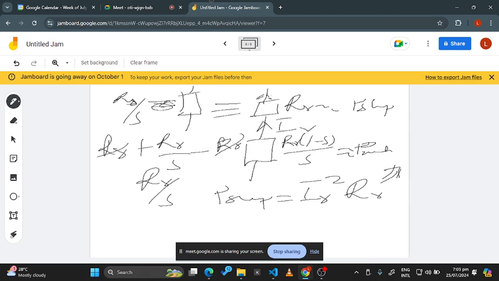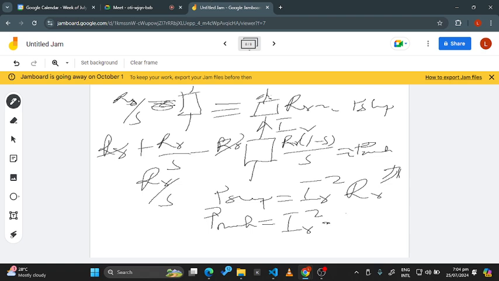If I want to determine the mechanical power, I'll say the mechanical power is equal to the square of the current flowing through this resistance. Since this is what is producing the mechanical power, that gives me IR squared, times the resistance, which is RR times (1 minus S) all over S.